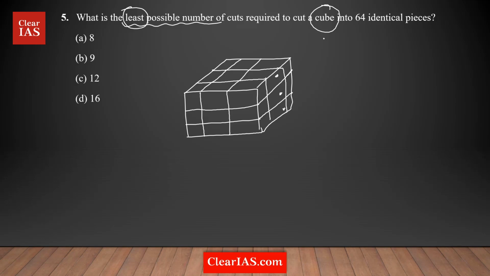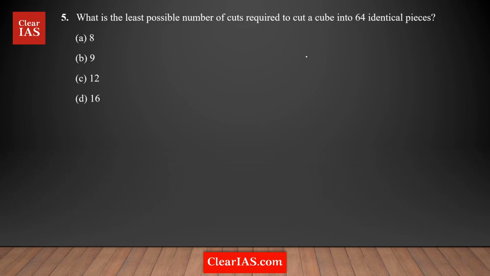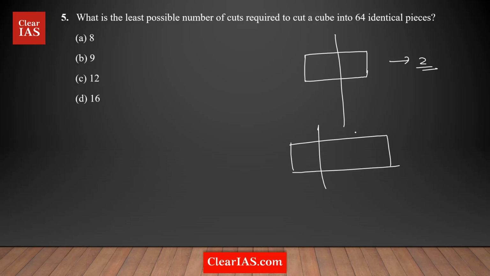Another basic rule that you should always keep in mind is, let's say you have a box or a piece of paper. Let's say I'm doing 1 cut. How many pieces are you getting? There are 2 pieces. With 1 single cut, you get plus 1 pieces. Similarly, with 2 cuts, there are 3 pieces.